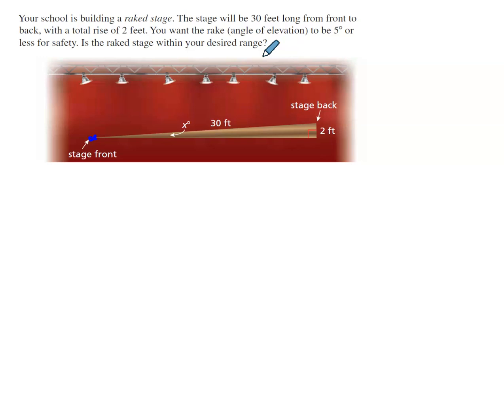So is the raked stage within our desired range? So we want to find angle x and figure out, is it less than 5 degrees? So for this triangle, we're given the 2 feet, that's the opposite side, and 30 feet, that's the hypotenuse. So for this example, we're going to use sine.